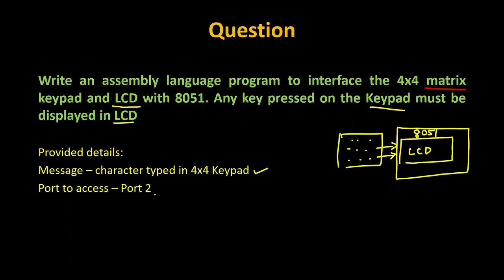Whatever data I move from your 8051 to your LCD goes through port 2. So whatever I type on the keypad should reach port 2 so that it can be displayed on your LCD screen. This is the overall picture we can understand from this question.